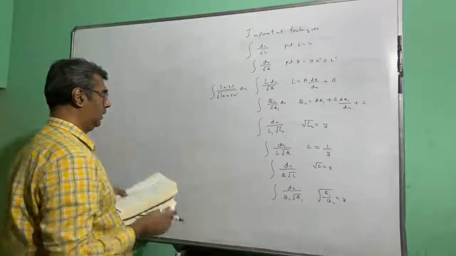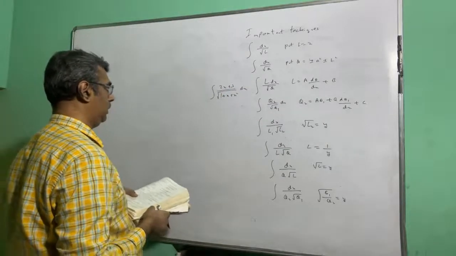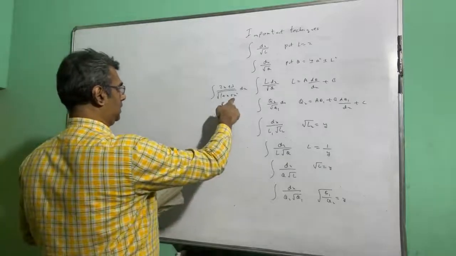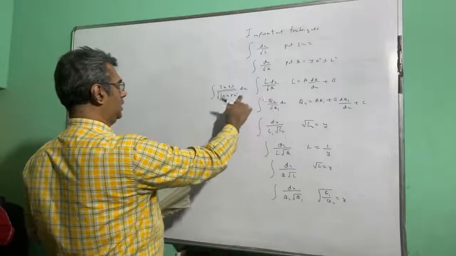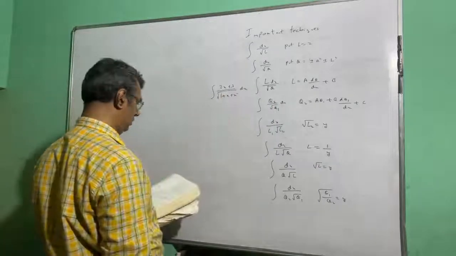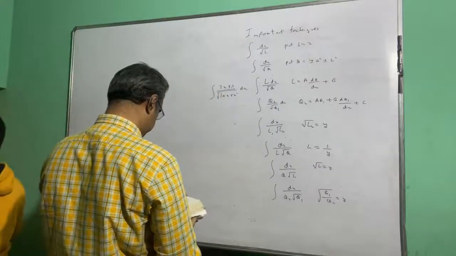So integration of 2x plus 3 by root 1 plus x square is an example of this.